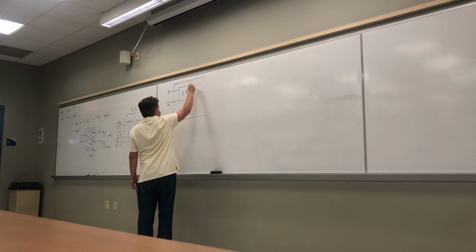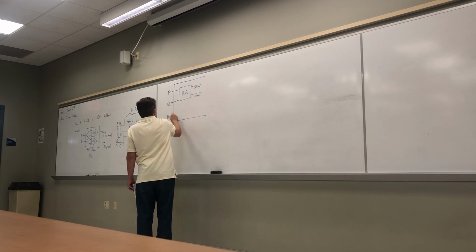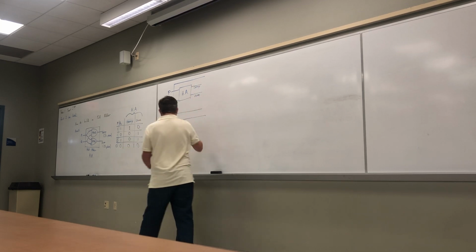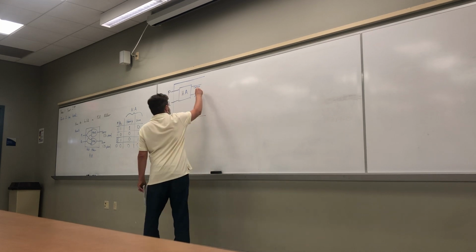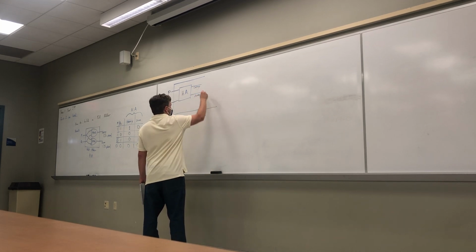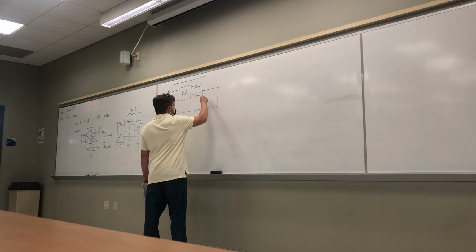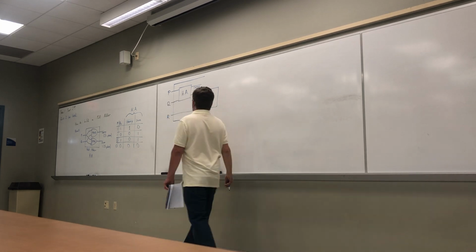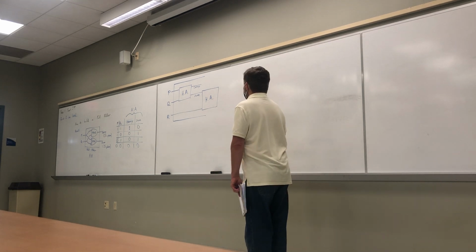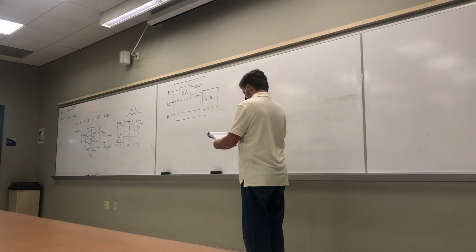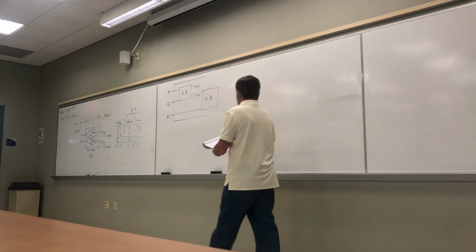So you get out a carry and a sum, and then you just keep the R and put that in with another half adder. So you take the sum from P and Q, and that gets added in again to another half adder.